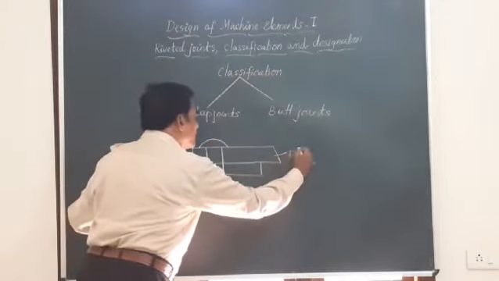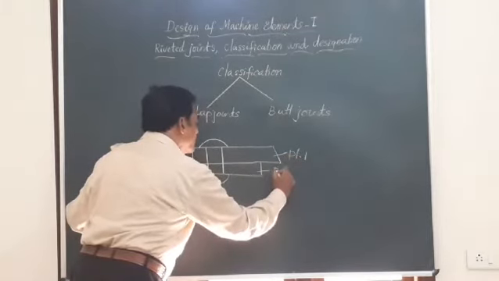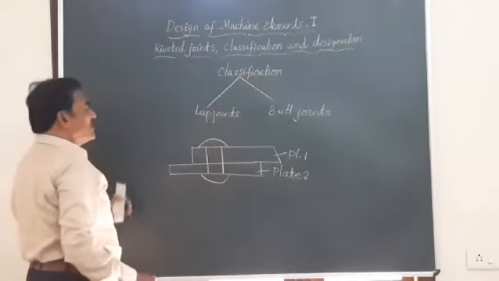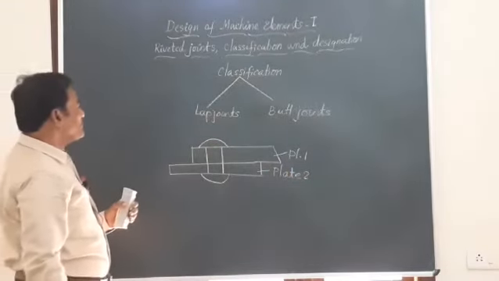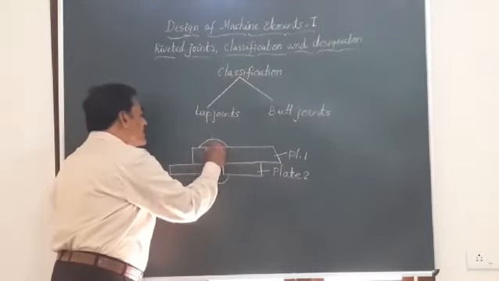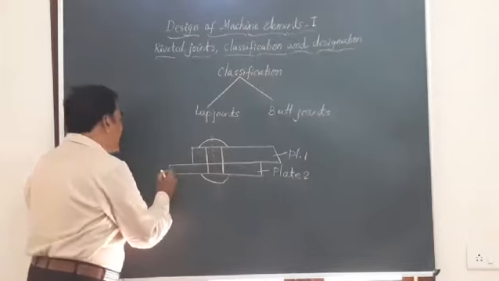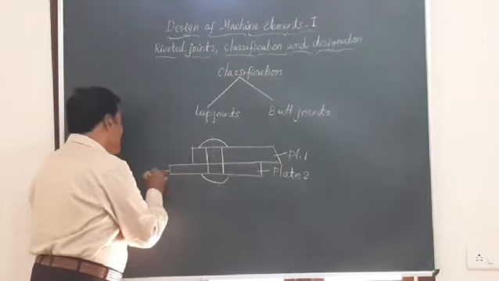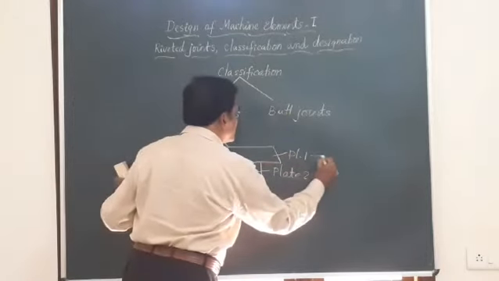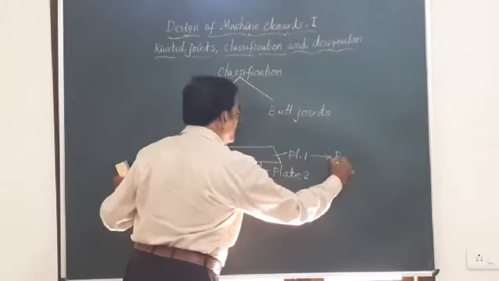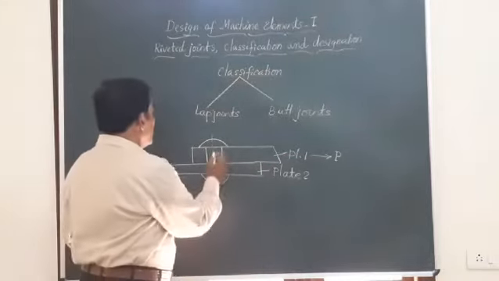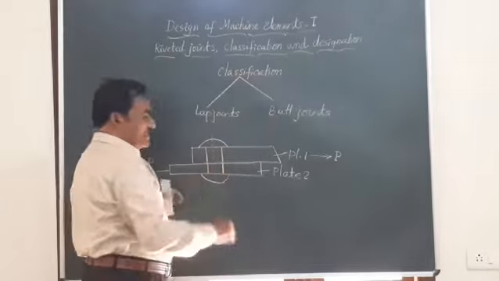This is plate 1 and this is plate 2, and these are the plates to be riveted. And friends, you can see here in this lap joint, this is the axis of the rivet, and when this is subjected to a pull, say pull P in this direction, these rivets may fail at this junction where these two plates meet.